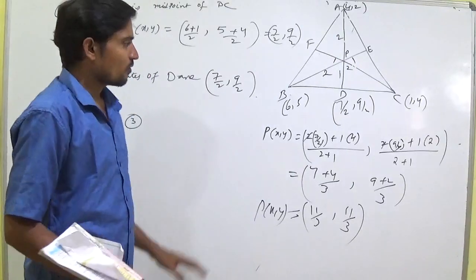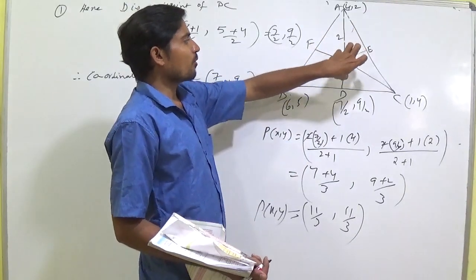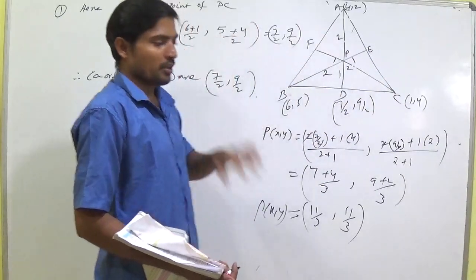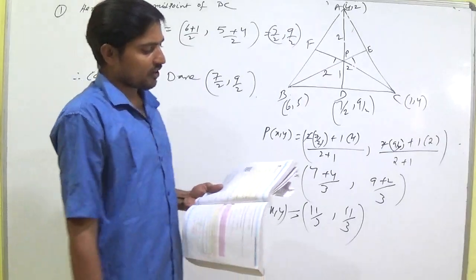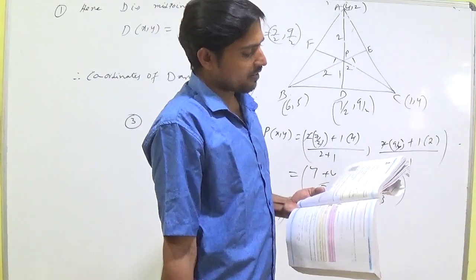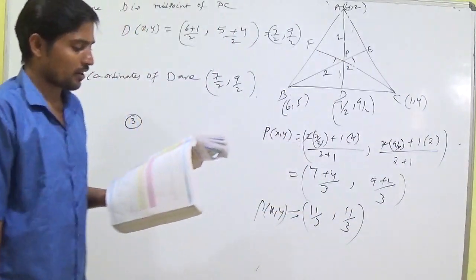Find the coordinates of P with the help of the medians CF and BE. Observe and justify that the point that divides each median in the ratio 2 to 1 is the centroid of the triangle.